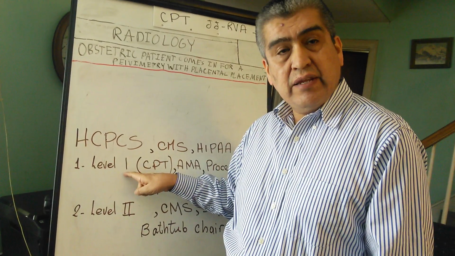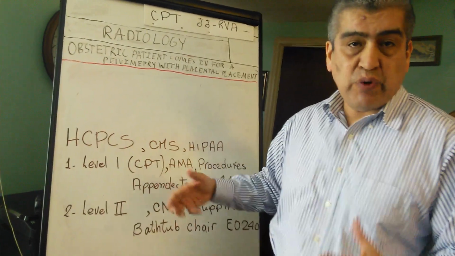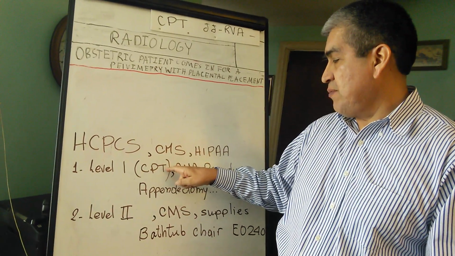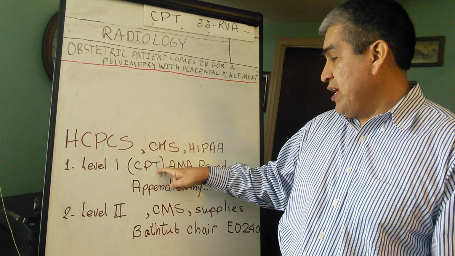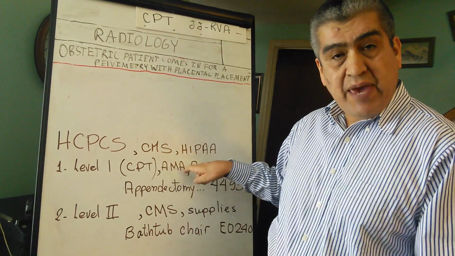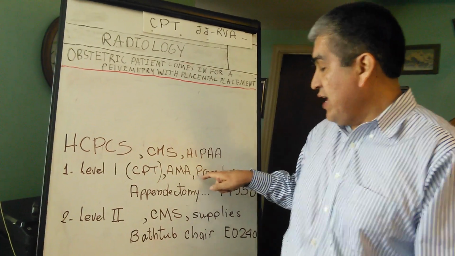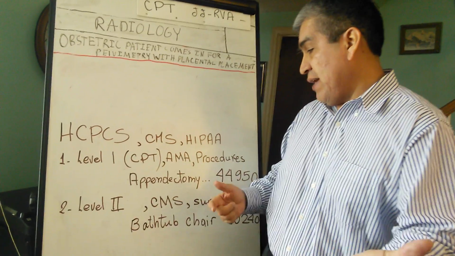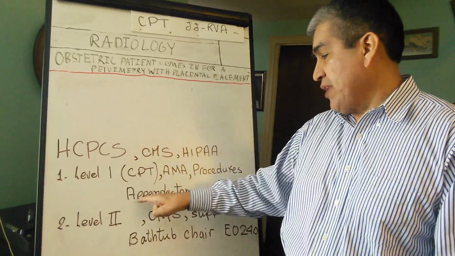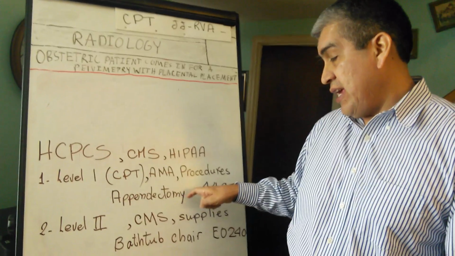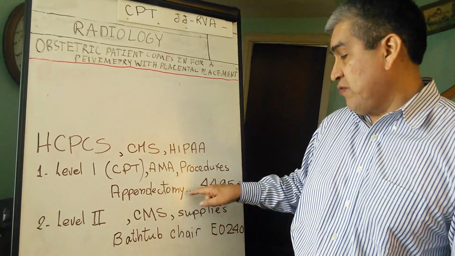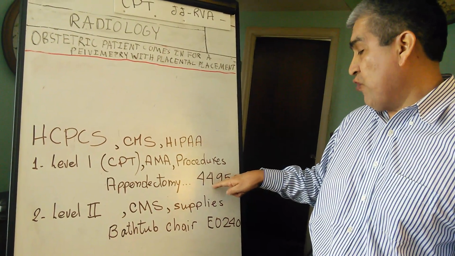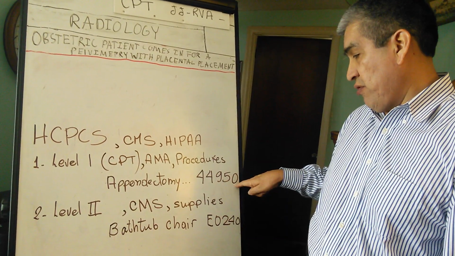The level 1 HCPCS is the CPT that we already know. We have made a lot of videos for CPT, which is Current Procedural Terminology. This CPT is maintained by AMA, which is the American Medical Association, and it deals with procedures. For example, for appendectomy, there are various ways of doing it, but one of them, the code would be 44950.